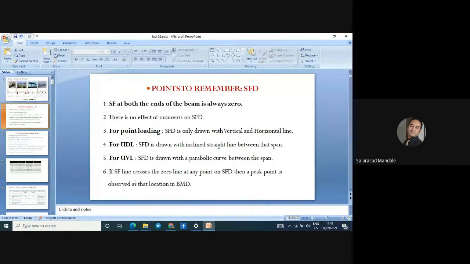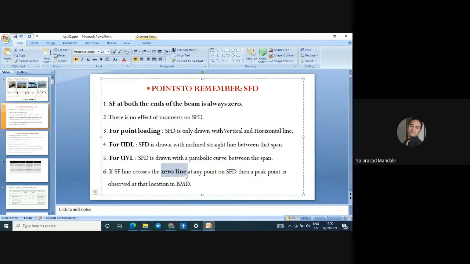If the SF line crosses the zero line, the zero line means the baseline about which we are drawing the shear force diagram. Zero line is important. Zero line is the reference line around which we are drawing the shear force and bending moment diagram. At any point where the SFD crosses zero, a peak point is observed in the bending moment.